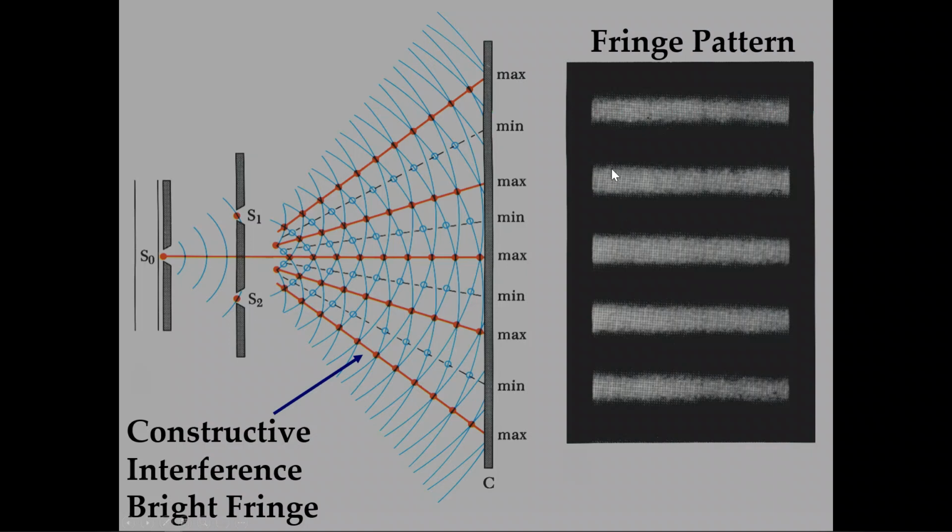This is called a fringe pattern. The light spots are called bright fringes, the dark spots are called dark fringes. The dark spots represent locations where you have destructive interference. The light spots represent locations where you have constructive interference. Again, when we get back in class, I'm going to show you a real life demo of this.